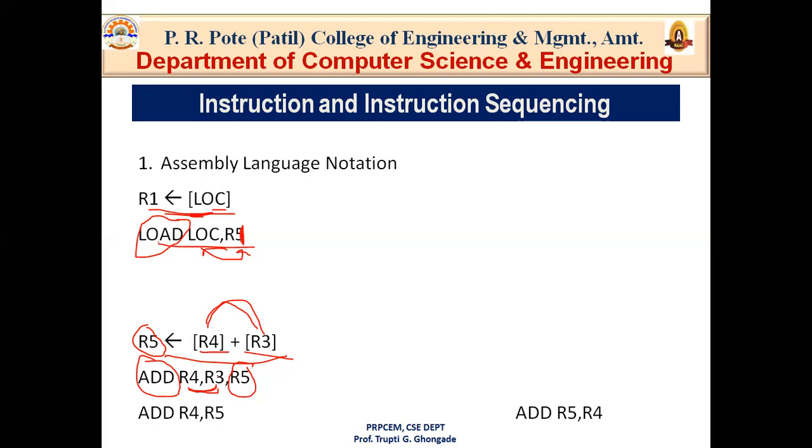In the execution phase, it performs many operations. When we are executing an instruction, first we have to examine the instruction, that is, find out what the instruction indicates, and then find out the operations to be performed.